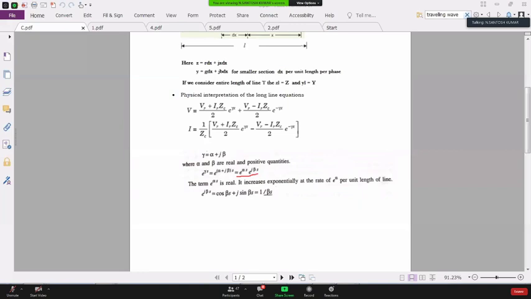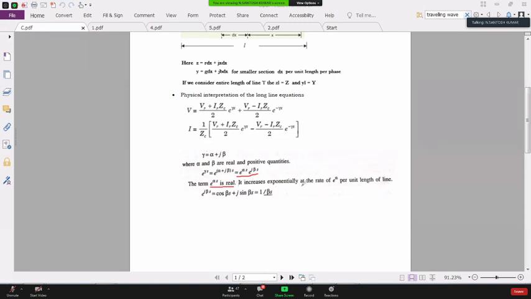Here e power alpha is real because we don't have any imaginary term in this. So I can conclude one point: e power alpha is real.